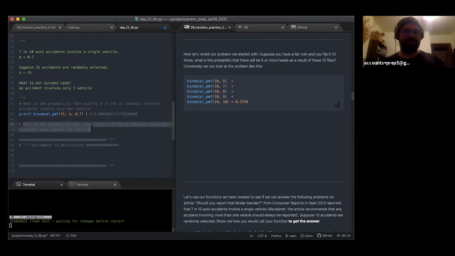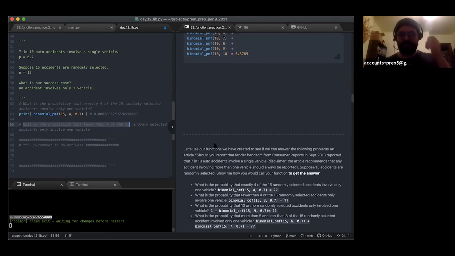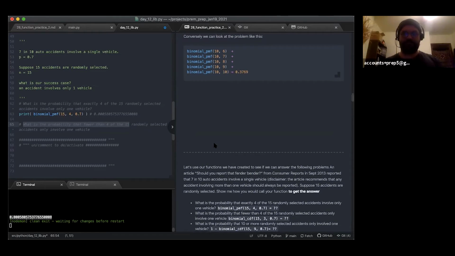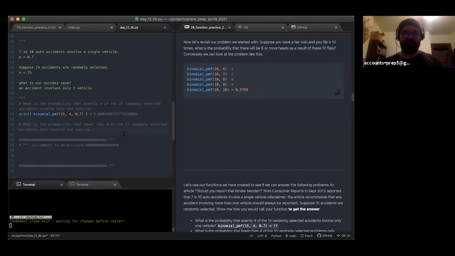Okay, so what is the probability that fewer than 4 of the 15 randomly selected accidents only involve one vehicle? So that's 0 through 3. So what might we use for that?